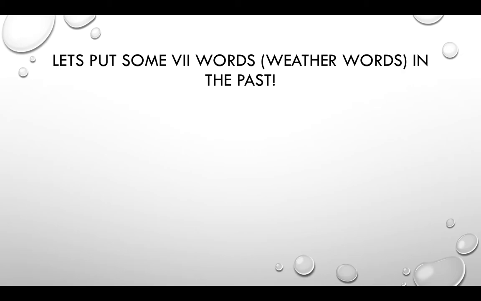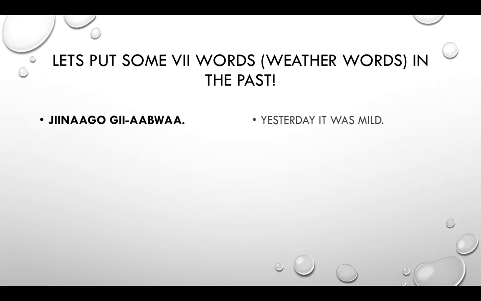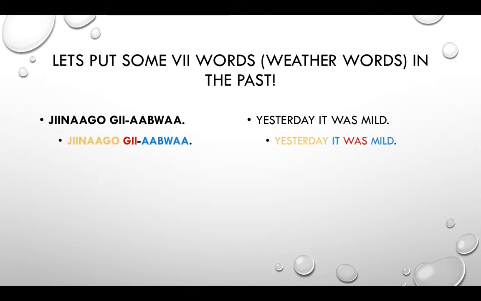Let's put some VII words or weather words in the past. So our first example here is jinaga giiabwa. That means yesterday it was mild. So from here, we can see the color coding.